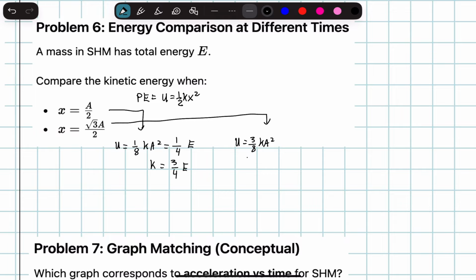That's going to equal 3 over 4 E. So then we have k is equal to 1 over 4 E.